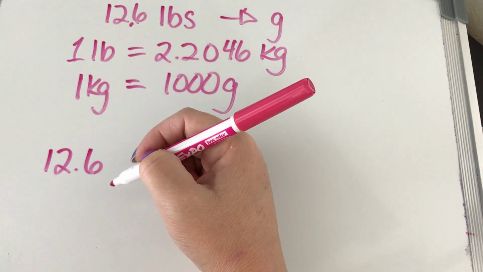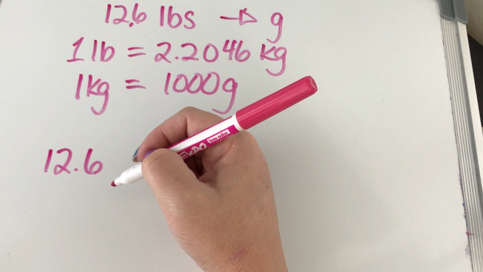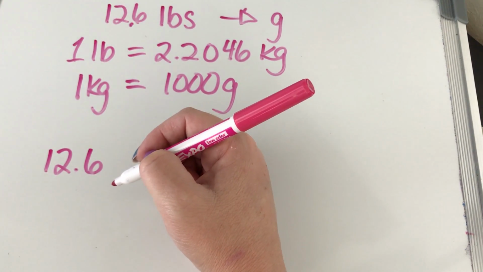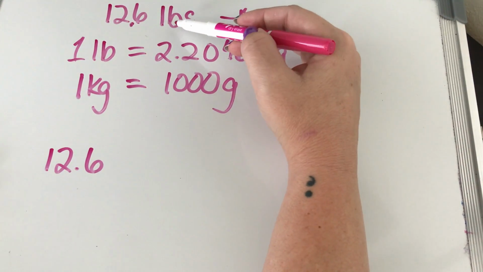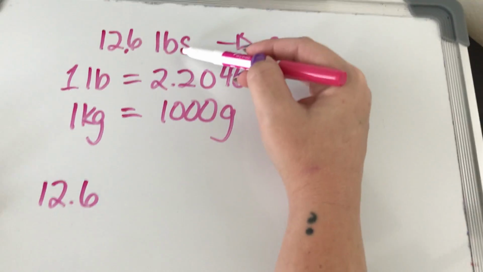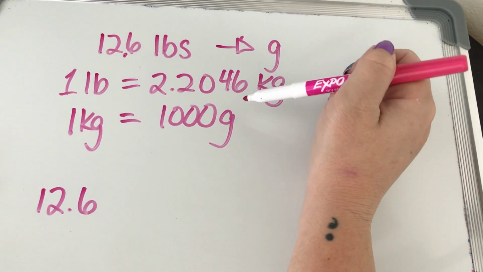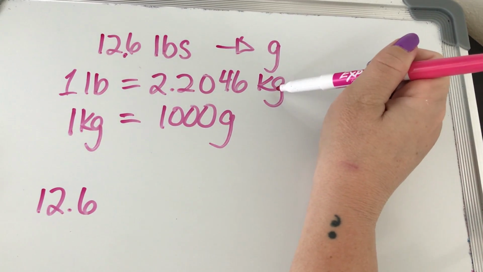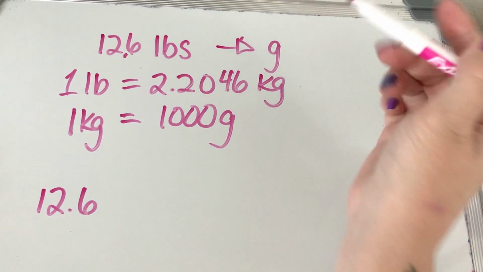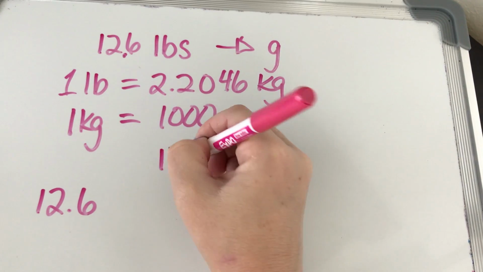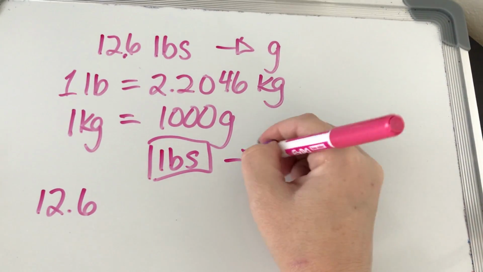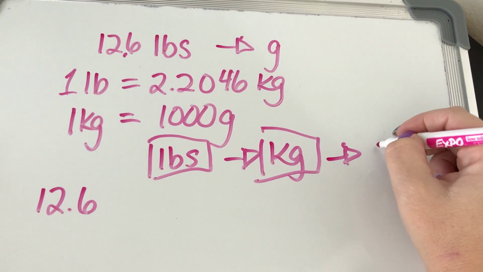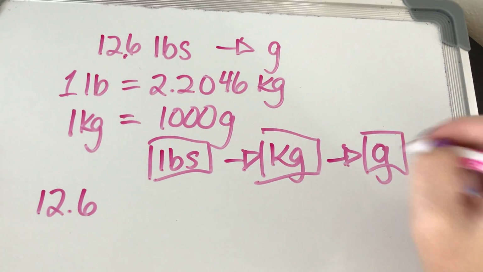Honestly, that's why I'm a crazy person when I write these out. I write down all of the information, and I'm so methodical about it. So I'm literally thinking, okay, is there a direct step that gets me from lbs to grams? Well, if I have a conversion factor that gets me from lbs to kilograms, then I know I'm going to have to make a pit stop. So I'm going to go lbs to kilograms, and then from kilograms to grams.